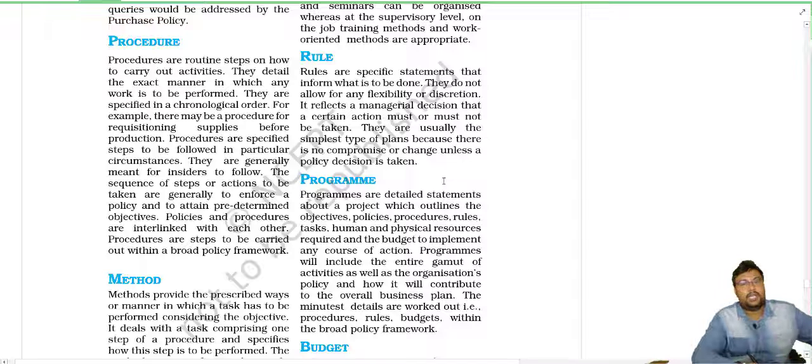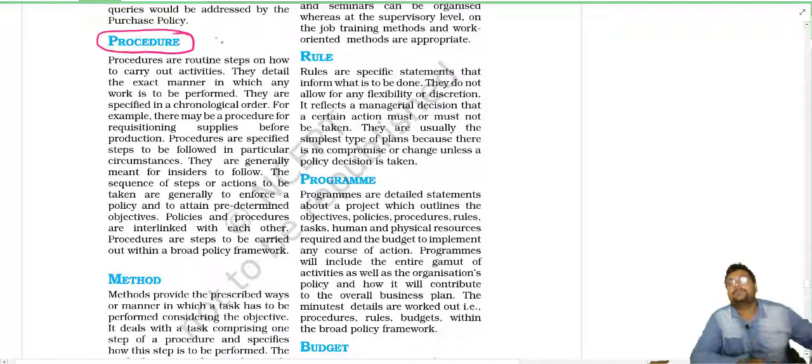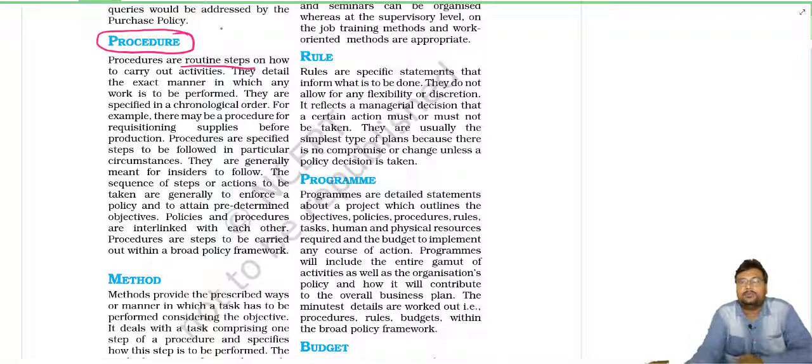Procedures are predefined steps in sequence. So you can say procedures are the routine steps, how to carry out a particular activity in an exact manner, that is considered a procedure.